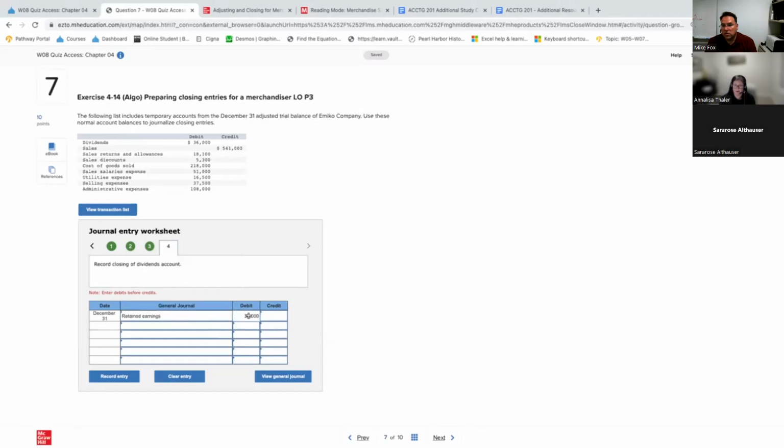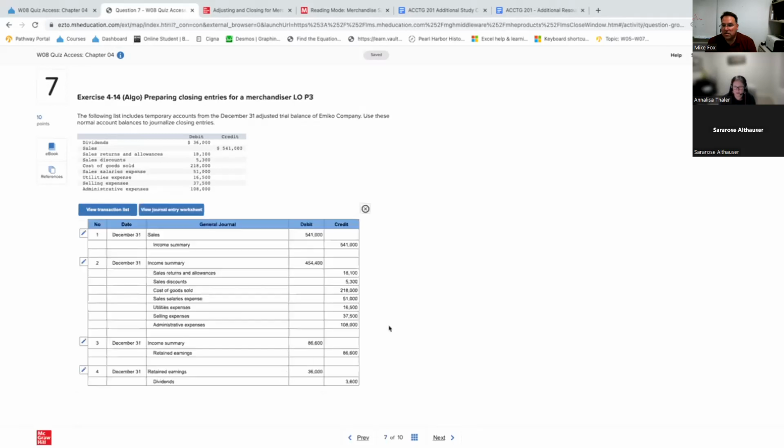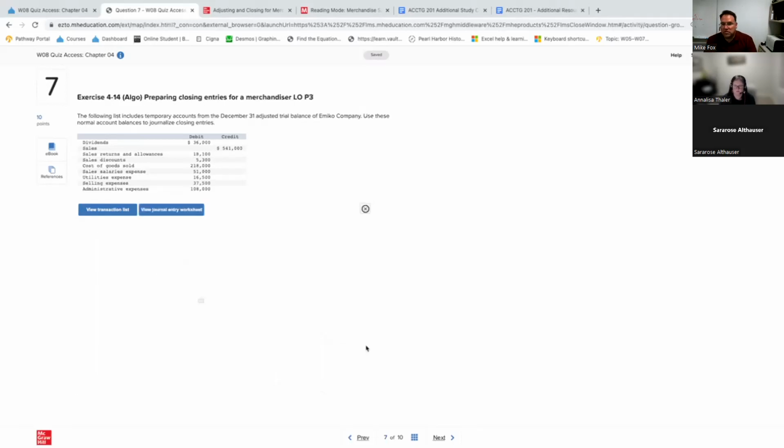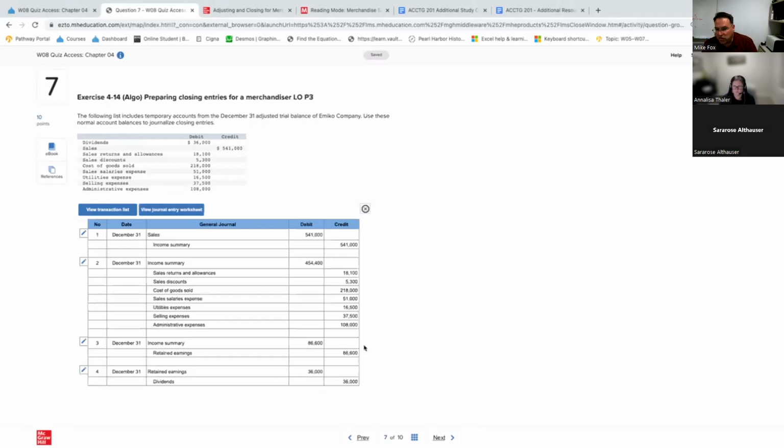I can tell you where I went wrong on my test right now. Okay. Then this goes to dividends. You figure that since retained earnings is an equity account, when we debit it, we're reducing retained earnings.